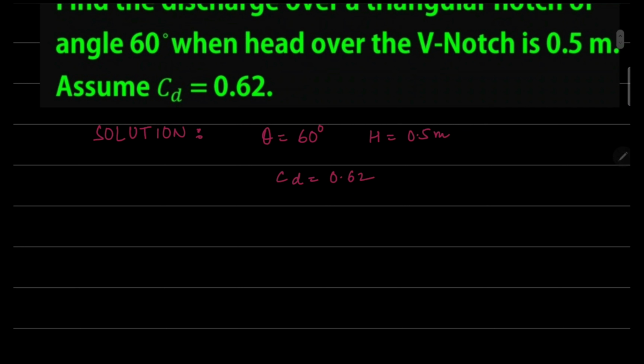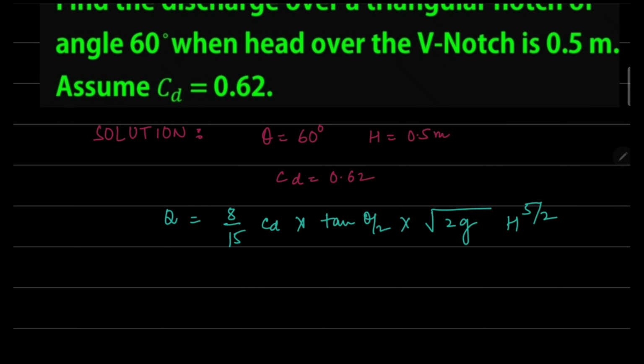So the expression which we use for the triangular notch is Q is equal to 8 by 15 CD multiplied by tan theta by 2 multiplied by under root 2 G, then H raised to the power 5 by 2.